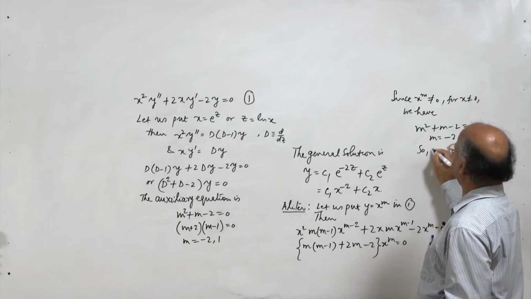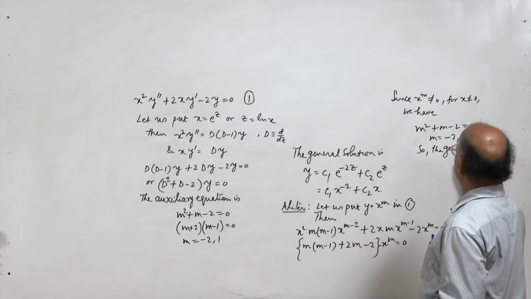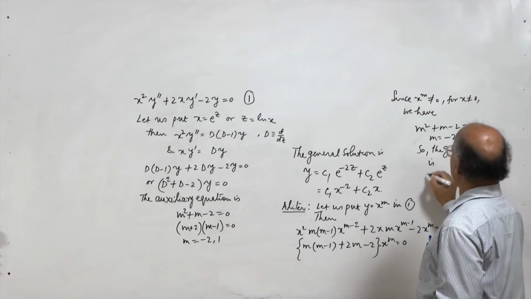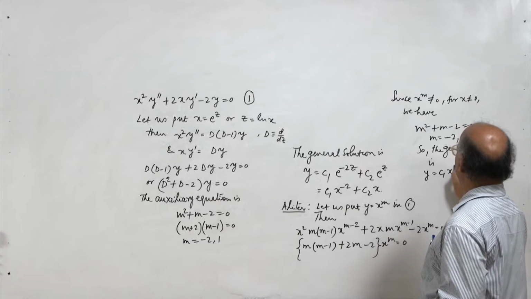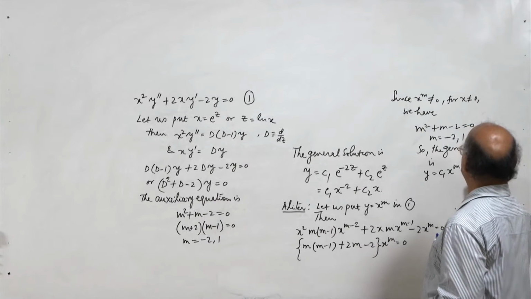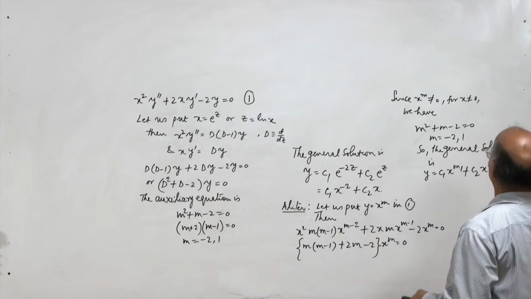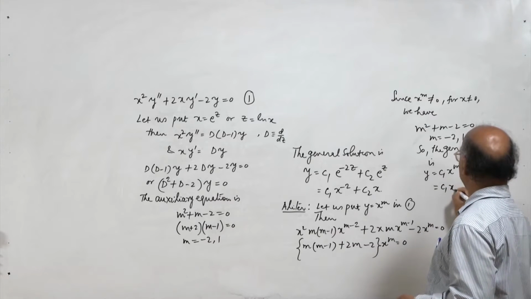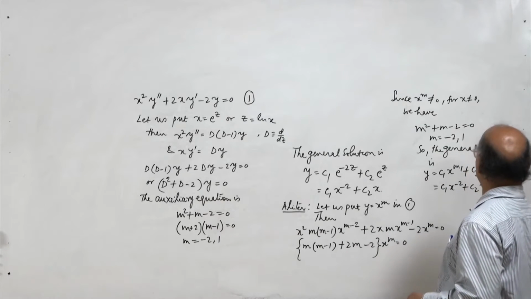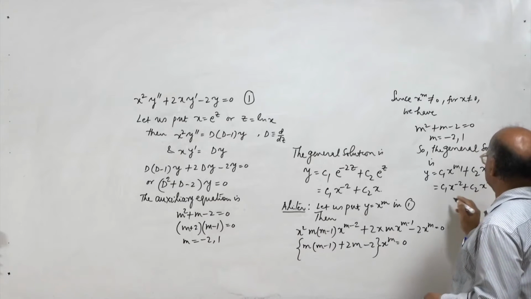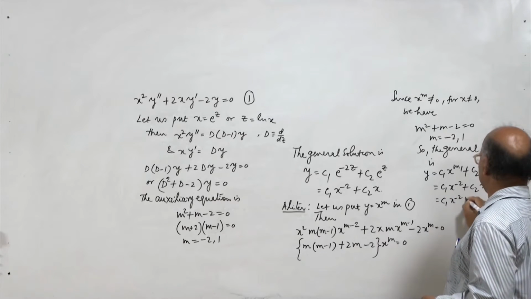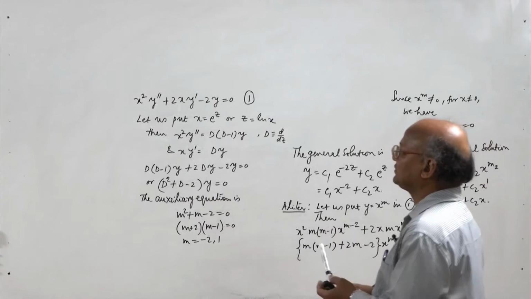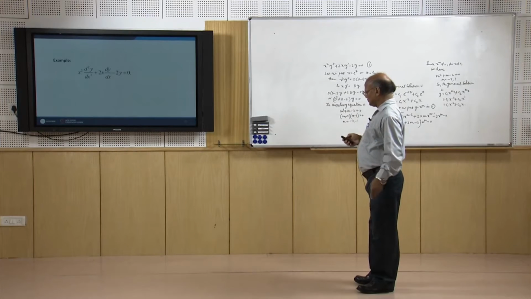So the general solution is y equal to c1 x to the power m1 plus c2 x to the power m2. This is the case of two distinct roots, and m1 is minus 2, m2 is 1. So we get c1 x to the power minus 2 plus c2 x, same as in the previous case. So this is how we will solve the Cauchy-Euler equation in the homogeneous form.